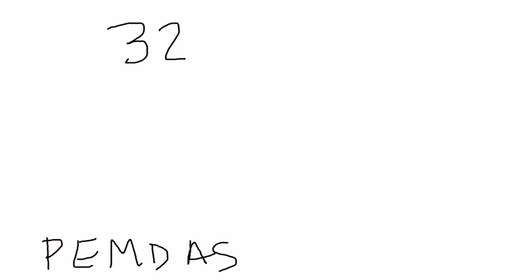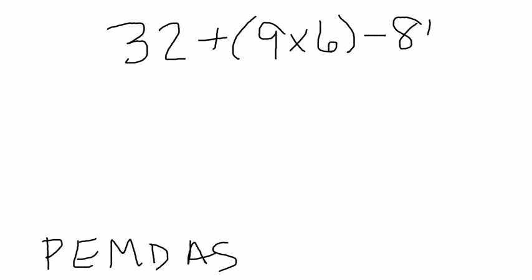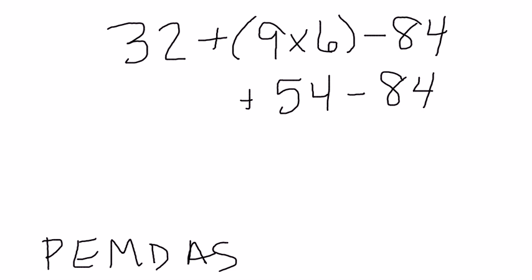So 32 plus 9 times 6, take away 84. So first we're going to do the parentheses. So 9 times 6 is 54. Take away 84 plus 32. So we did our parentheses with our multiplication inside, and now we have addition and subtraction left, and of course we're going to work from left to right.